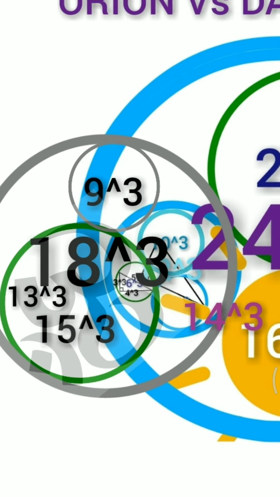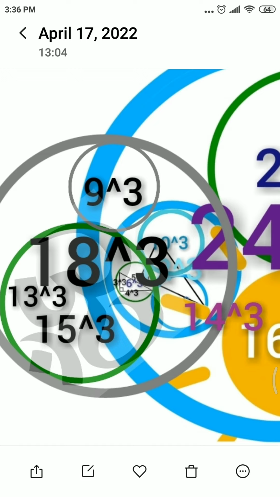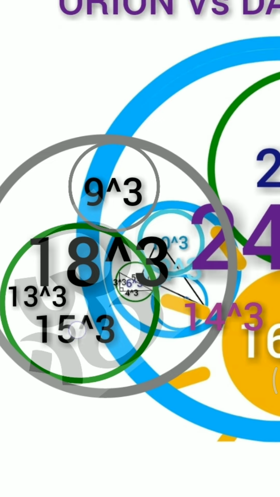15 cube is otherwise known as Om. 15th letter of English alphabet is O. 13th letter of English alphabet is M. So OM. This 15 cube represents Om, or the Sanatana Dharma as we call it.